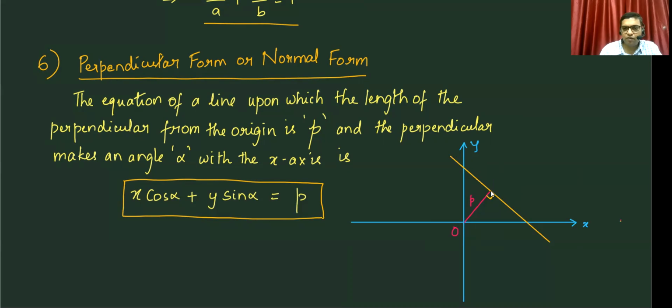Now let's say the foot of the perpendicular is capital P. Now we want the equation of the line, but it is given that this perpendicular OP makes an angle alpha with the x-axis, and the length of the perpendicular from the origin to the line is small p.